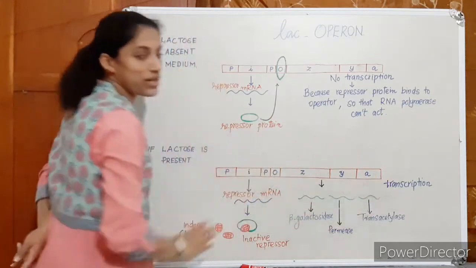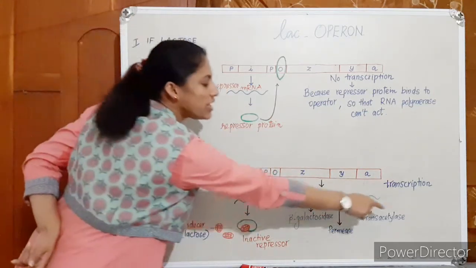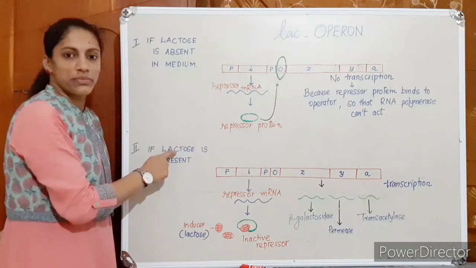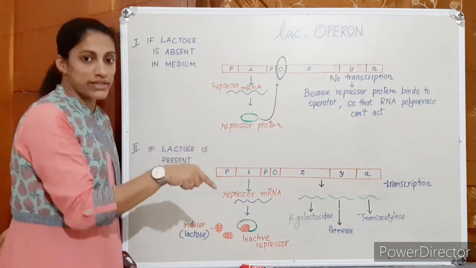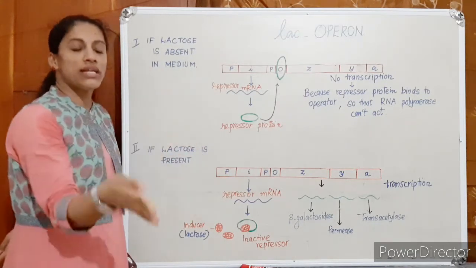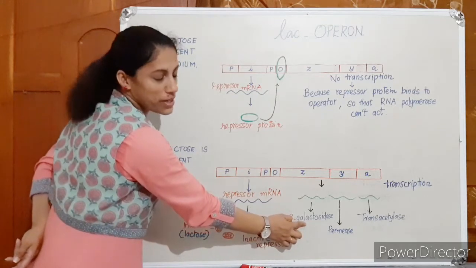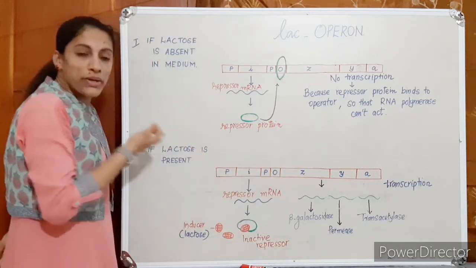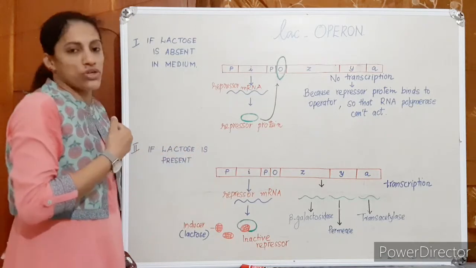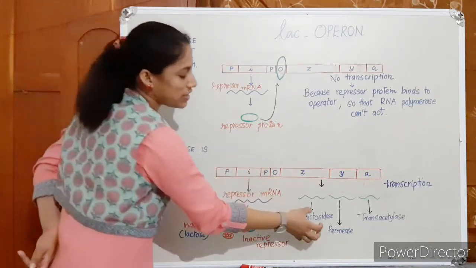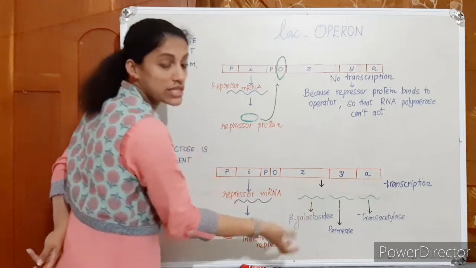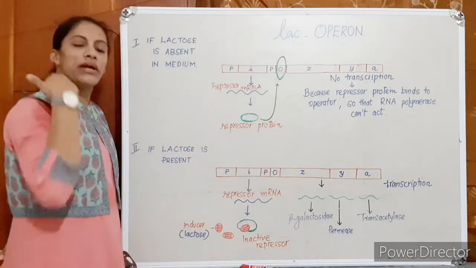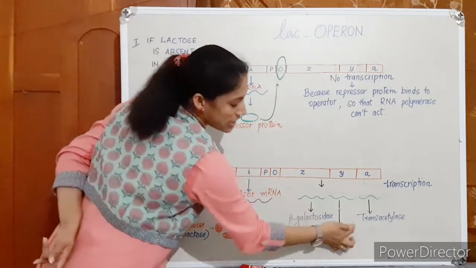Why are these three different enzymes required? All the three enzymes are required for lactose metabolism. For lactose breakdown, lactose to glucose and galactose, beta-galactosidase is required. Permease is required for increasing the permeability to absorb. After the breakdown, this gives some products, and their absorption into the cells becomes easy by this enzyme.